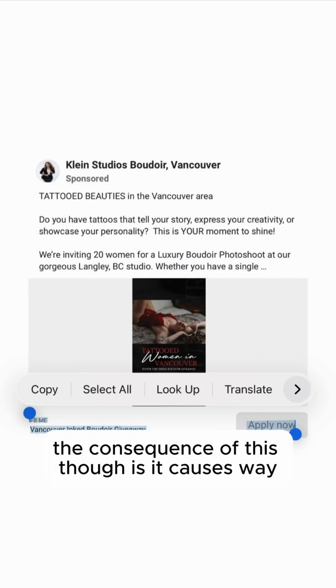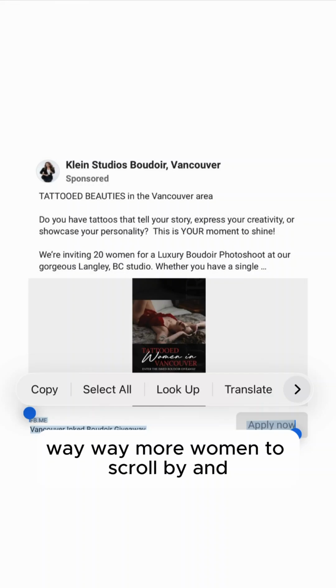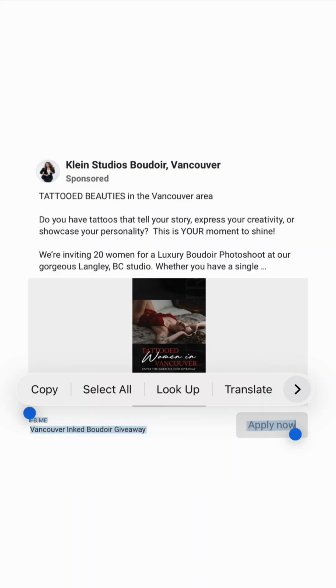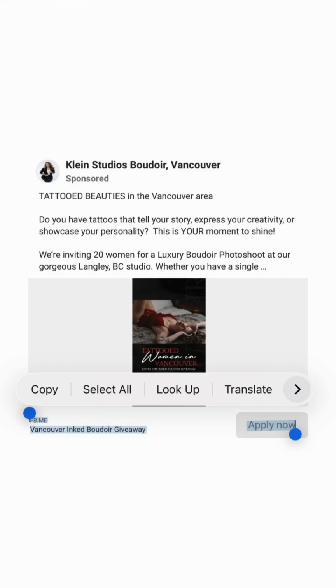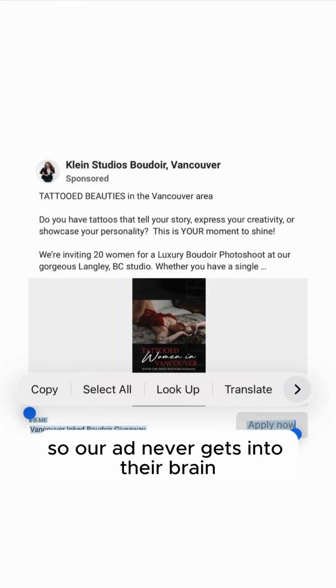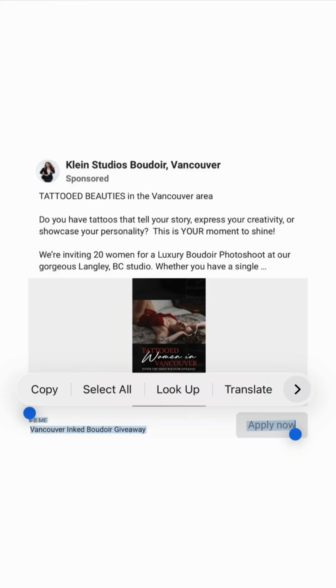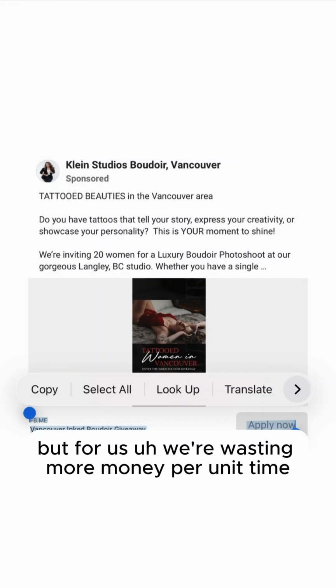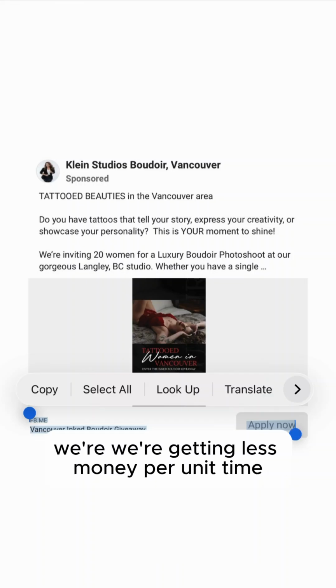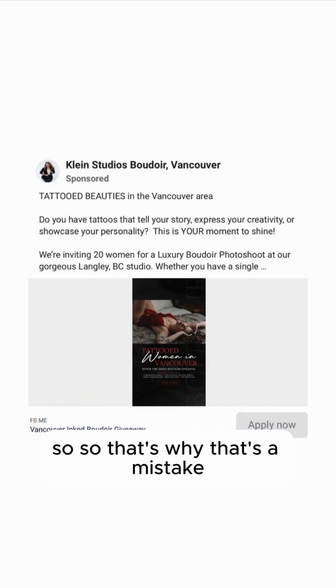The consequence is that way, way more women scroll by our ad and don't actually click, so our ad never gets into their brain. But Facebook likes that because it can serve more ads per unit time. For us, we're wasting more money per unit time. That's why that's a mistake.